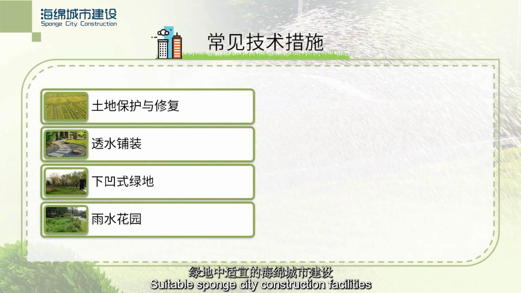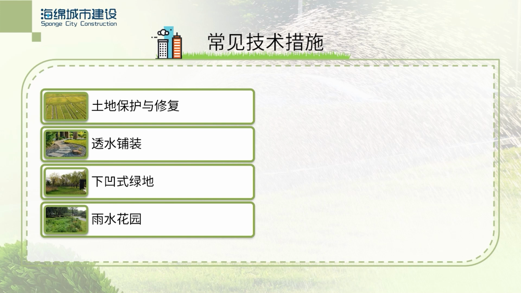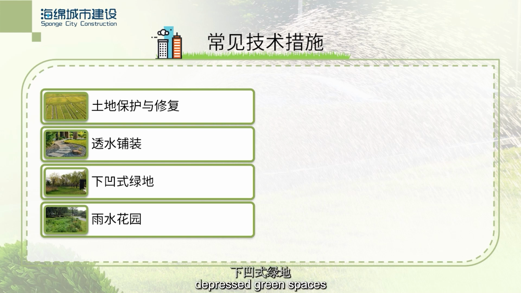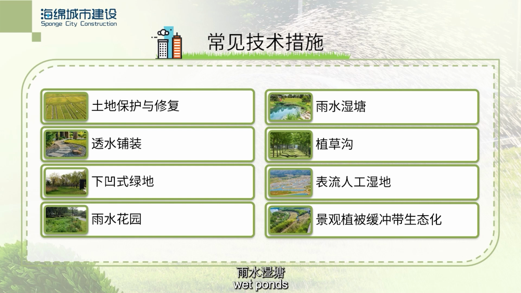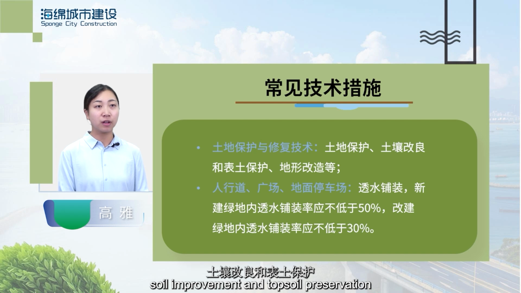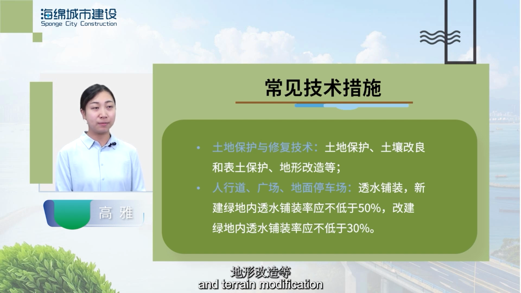Suitable Sponge City construction facilities and technical measures for green spaces may include land protection and restoration, permeable paving, depressed green spaces, rain gardens, vegetated swales, wet ponds, surface flow constructed wetlands, and vegetative buffer zones. Land protection and restoration technologies include land protection, soil improvement and topsoil preservation, and terrain modification.